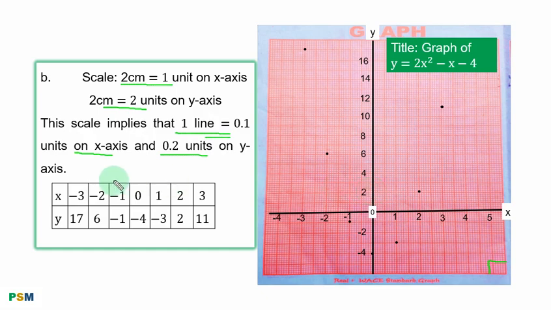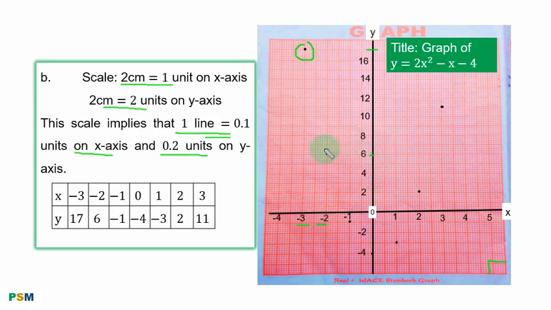We plot the first point when s is minus 3, y is 17. After 16, the middle way is 17. This is the point of intersection. You mark that point. Minus 2, 6. When s is minus 2, y is 6.